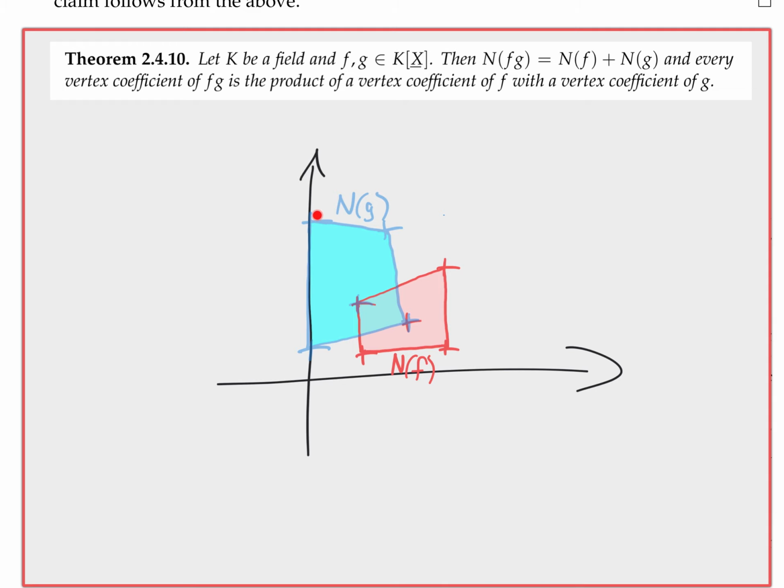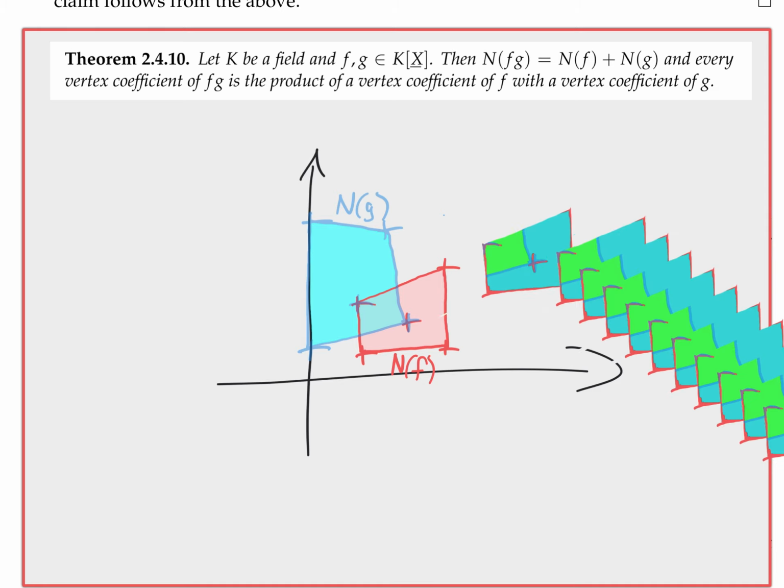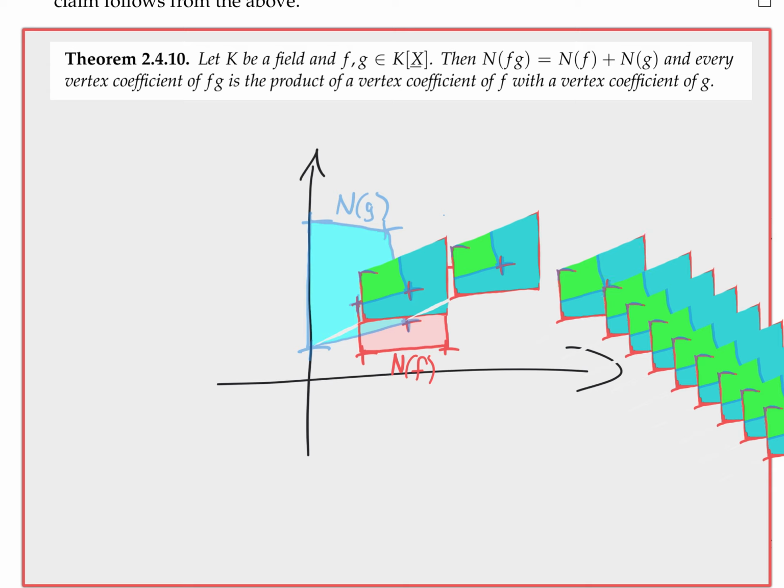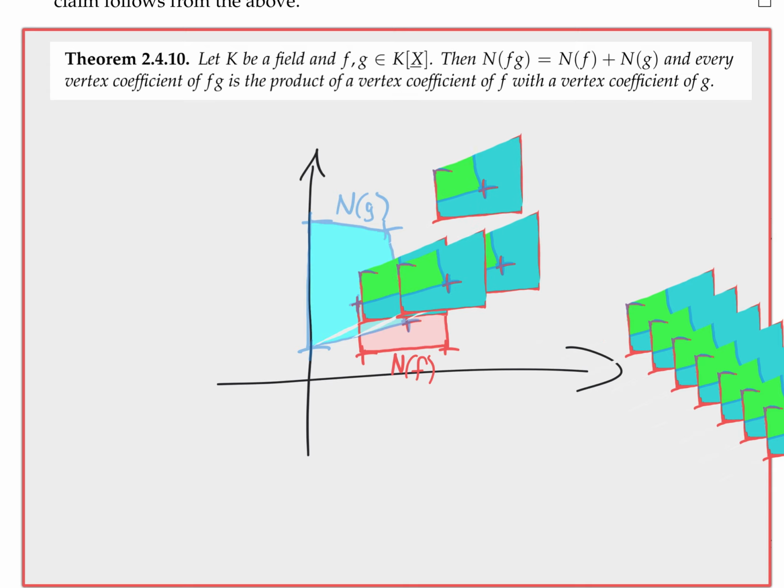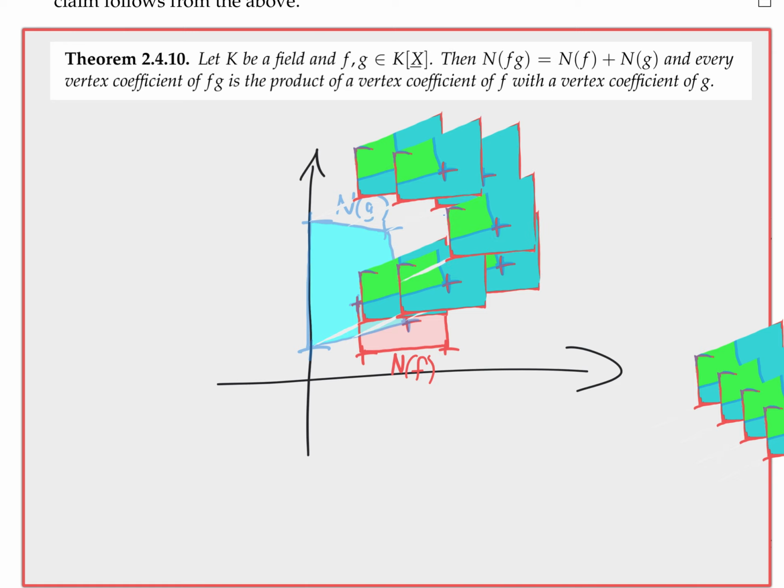So, the Newton polytope of f times g, well, let me see. Here I copied the Newton polytope of f a few times, and in this way it will be easier to see. So let's see.